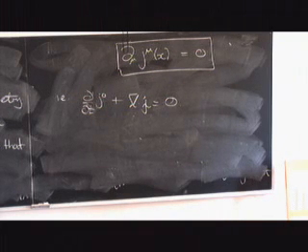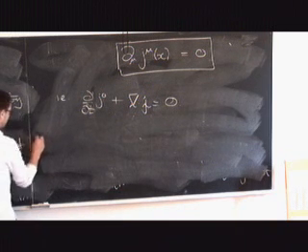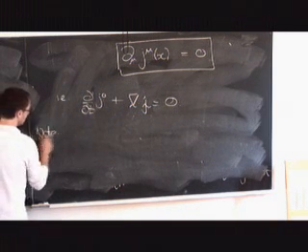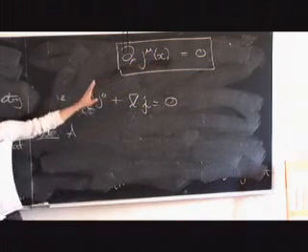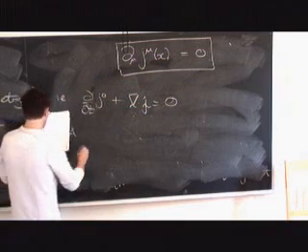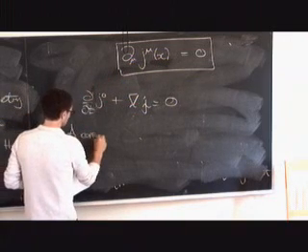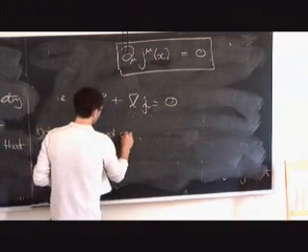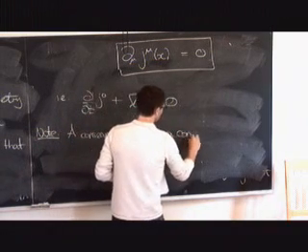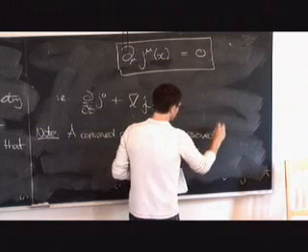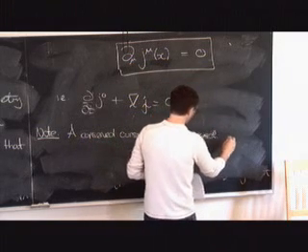Okay, so let me walk you through some of the consequences of this kind of current equation. The first thing to say is that if we have an equation like this, we do have a conserved quantity. So a conserved current implies the existence of a conserved quantity, which is usually called a charge.